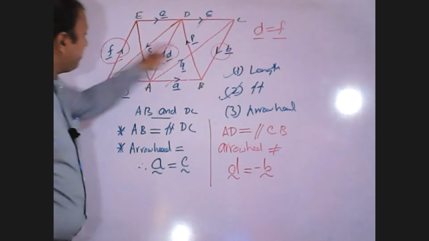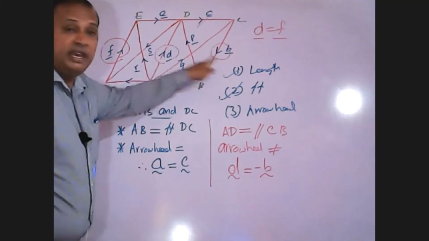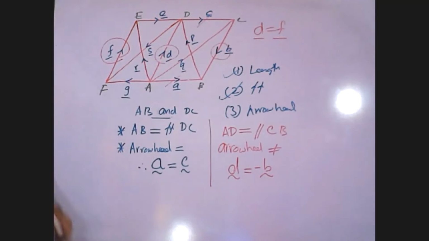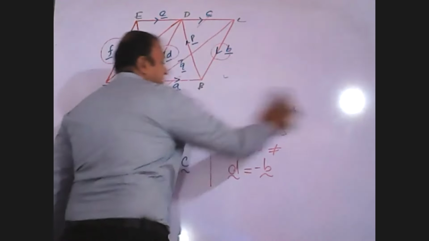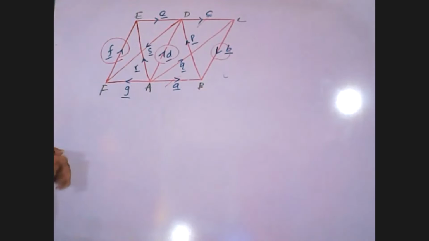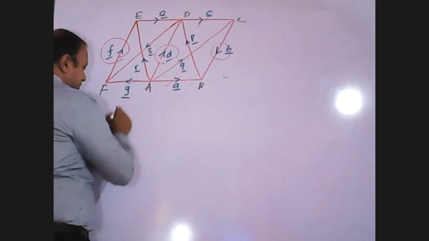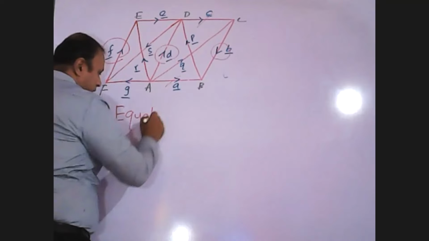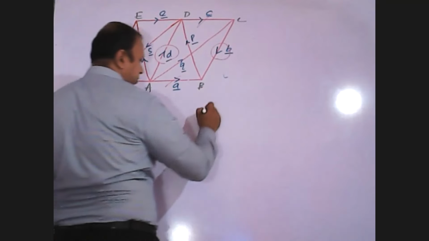Then again F and B. F and B are negative vectors. So I can write this one. I will categorize them: equal vectors and negative vectors.